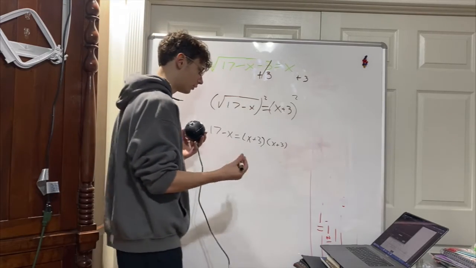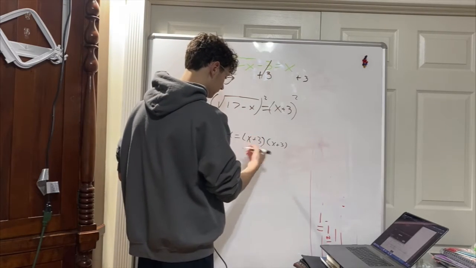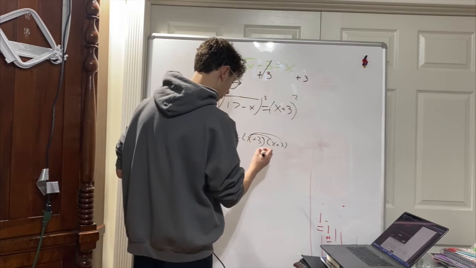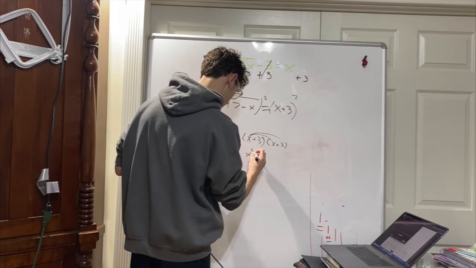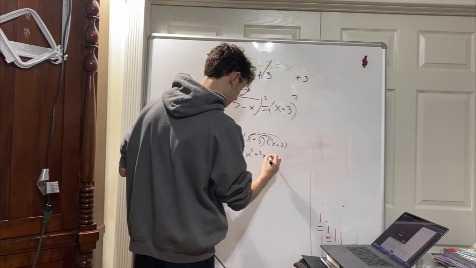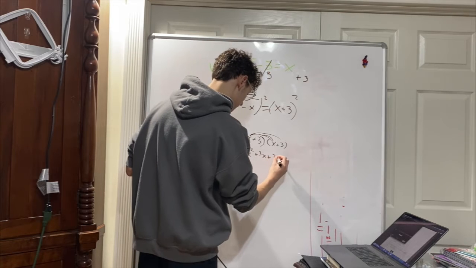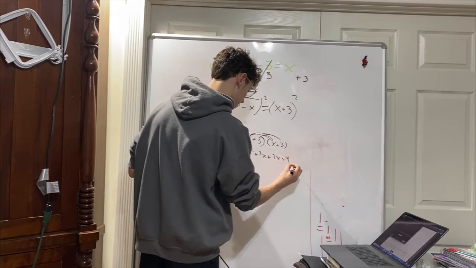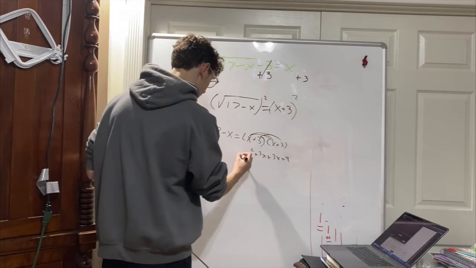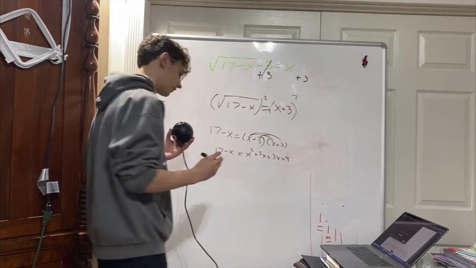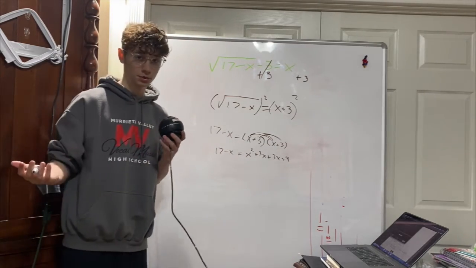Now what we want to do, obviously, is distribute this. So you get x squared plus 3x plus 3x plus 9 equals 17 minus x.